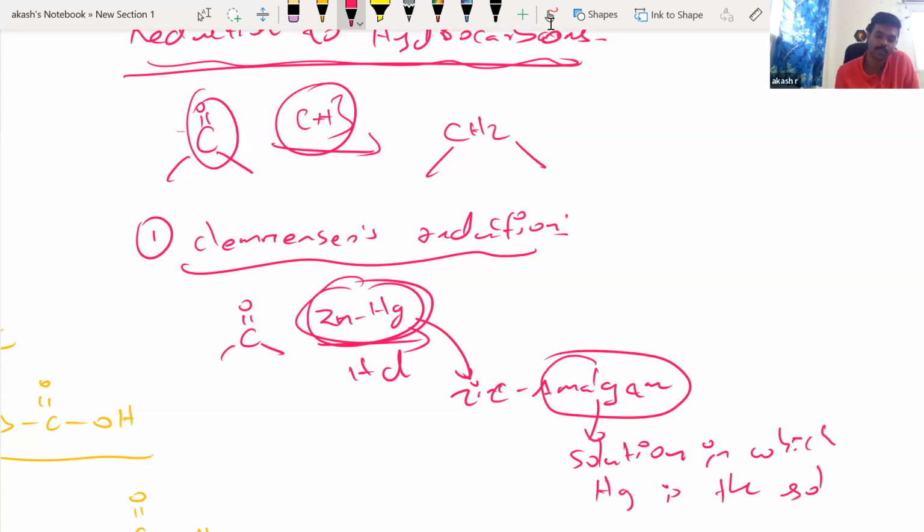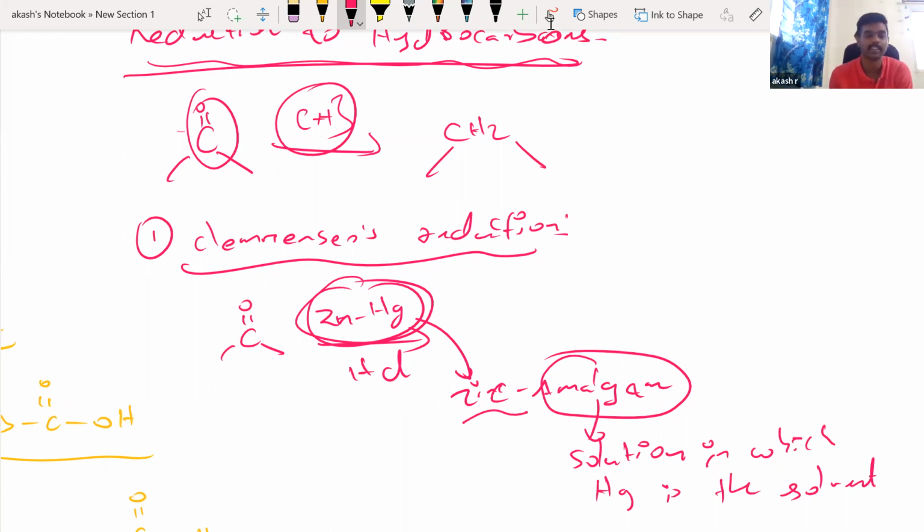I know Hg is in liquid state, the only liquid metal. If you use mercury as a solvent and dissolve some other metal in it, the alloy or solution you get is called an amalgam. In this case, it is zinc amalgam, which means zinc is dissolved in mercury.